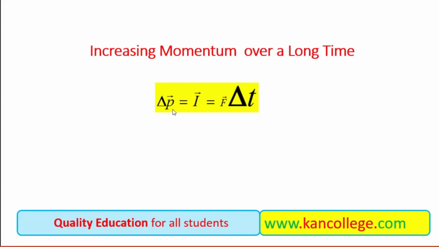So more change in momentum will occur, or the more will be the impulse. So increasing the momentum over a long time means that with a small value of force, you have to apply that force for a long duration of time so that the change in momentum occurs.